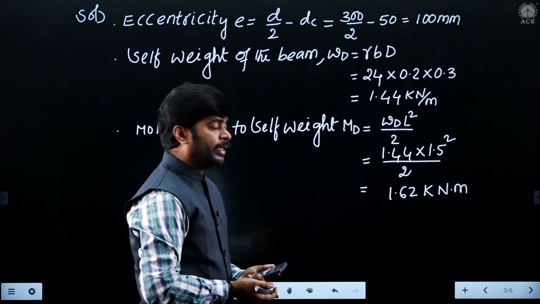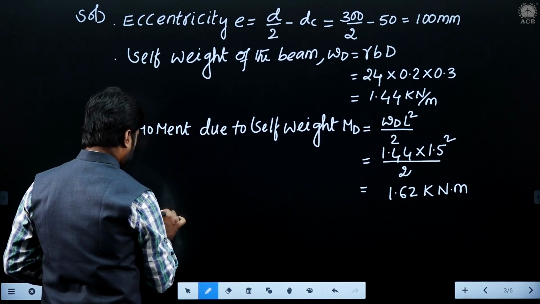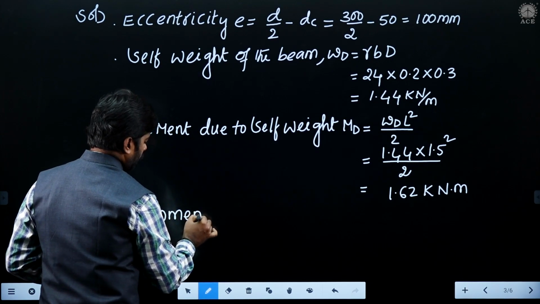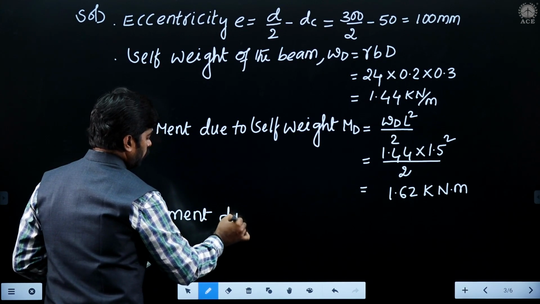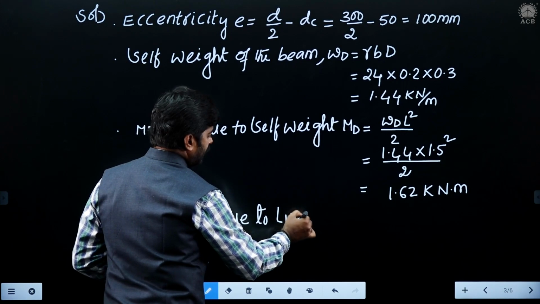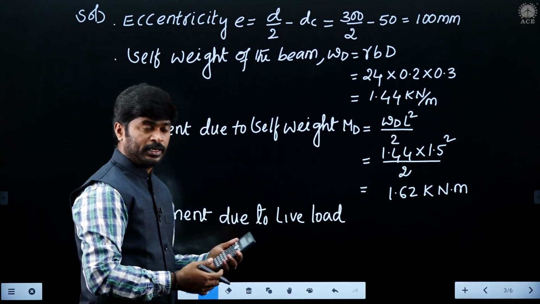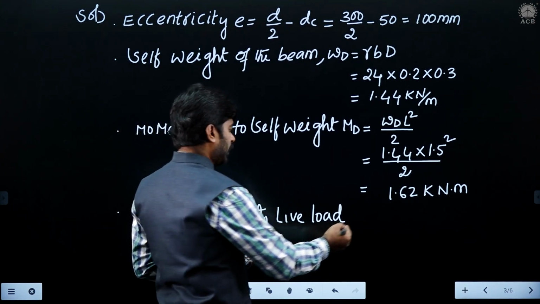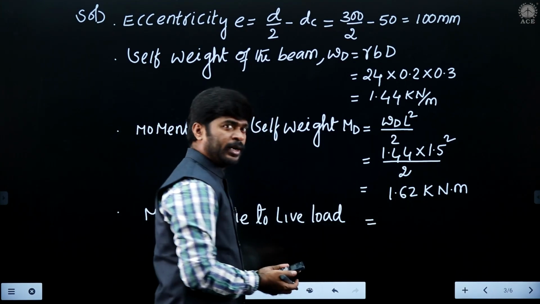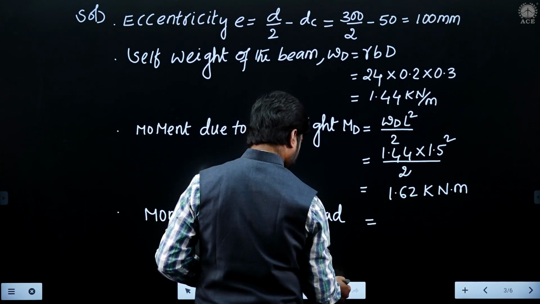Okay. Then what is the moment due to live load? Due to live load, or you can say concentrated load, or you can say it is due to P, concentrated load, na? Then what will be the moment? Let us say it is ML.